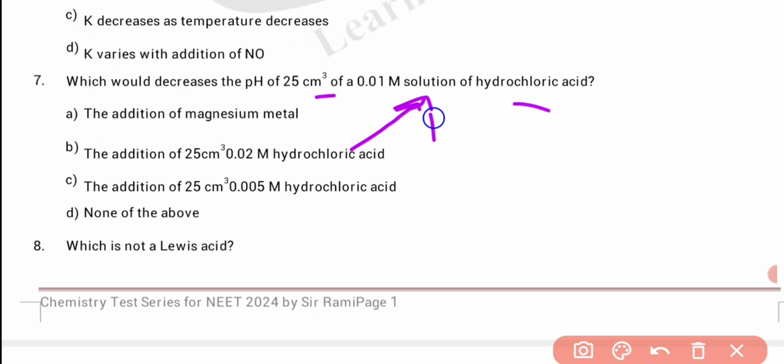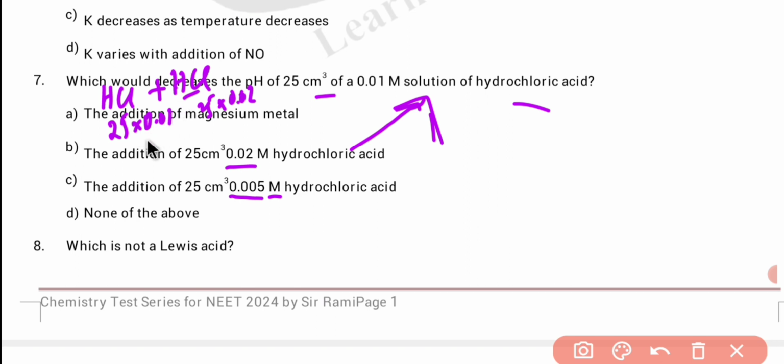But the question is, this is also HCl solution. So this is just like we are adding two HCl solutions, HCl plus HCl. So this is 25 ml of 0.01, and for this let me write 25 into 0.02.